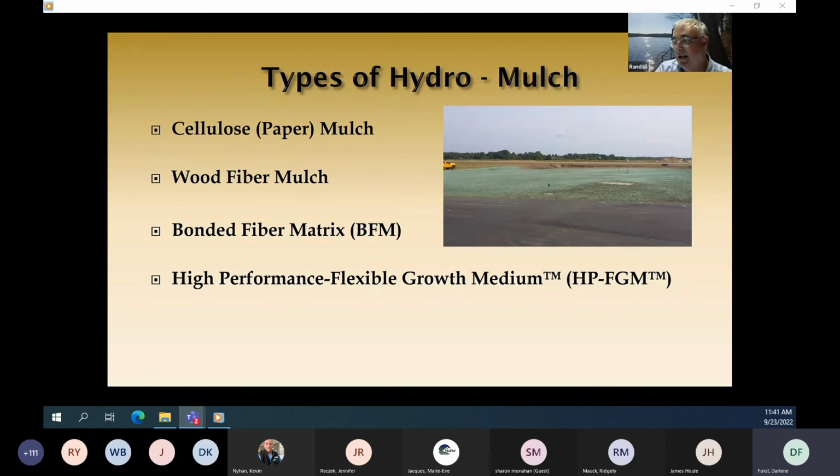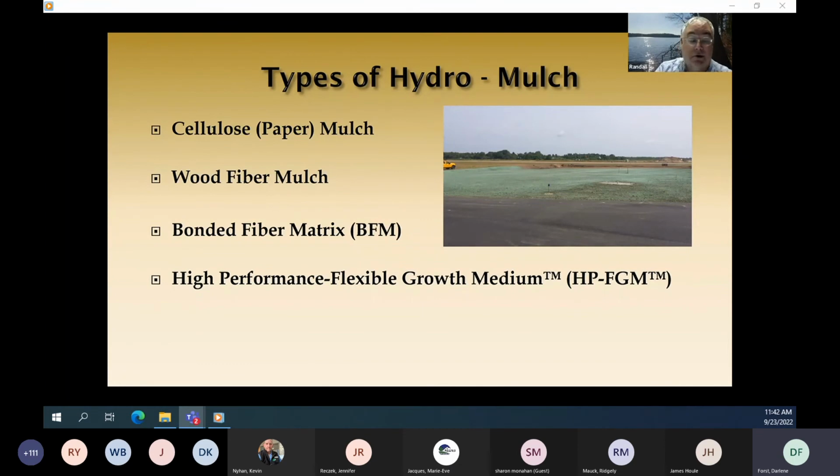Within the state of New Hampshire, you cannot use flexible growth mediums within 100 feet of surface water. And so you need to be aware of that when you're trying to spec these out. Most construction sites are going to be using one of the two middle ones, either something more than a paper mulch, something less than a flexible growth medium, generally, and it really depends on the site and the application.